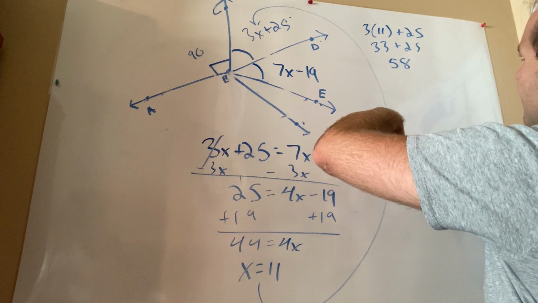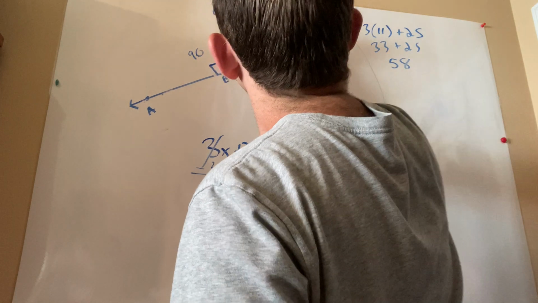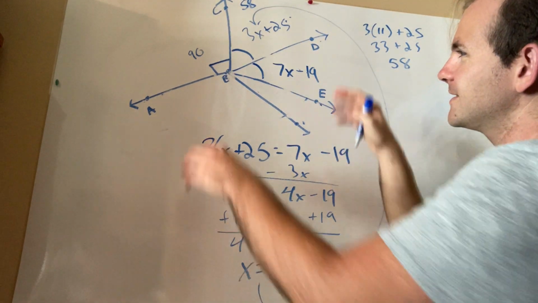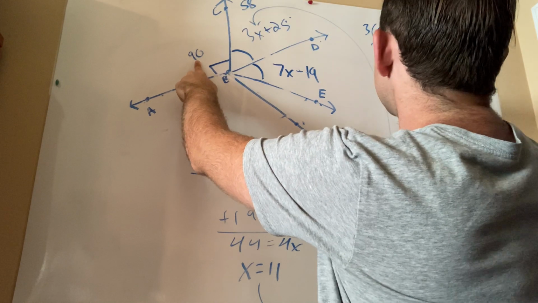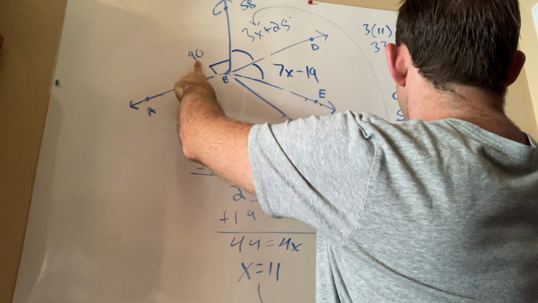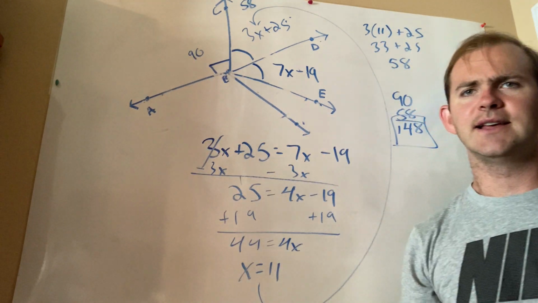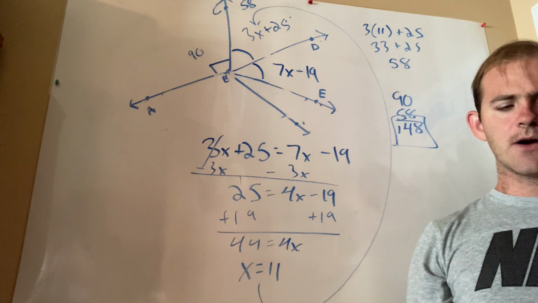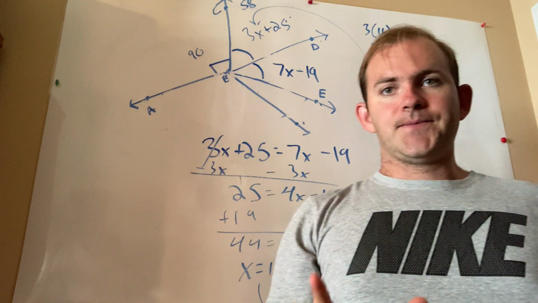So this angle right here is 58 degrees. If I want this whole angle, I just combine the 90 and the 58. So 90 plus 58 is 148 degrees.